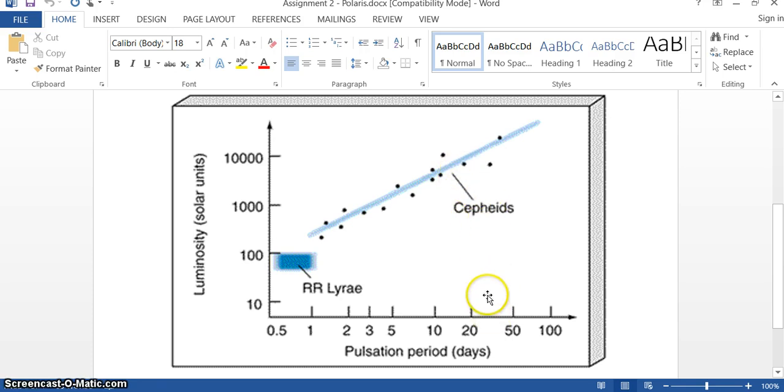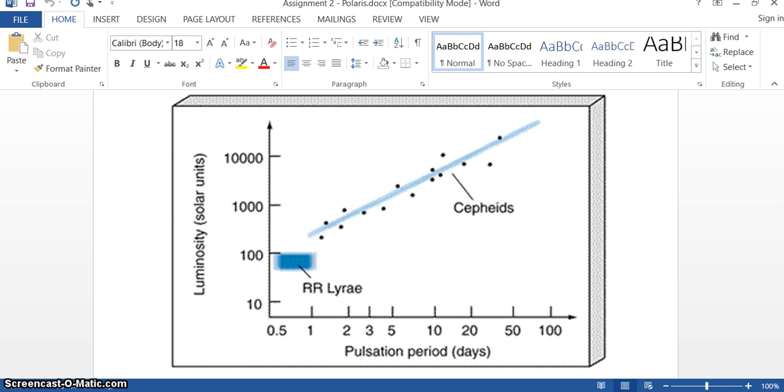I didn't go exactly straight up, but you go straight up to the curve, and then I go horizontally over, and that's why I picked 34 days, because the luminosity is 10,000. So it's 10,000 times the sun's luminosity.